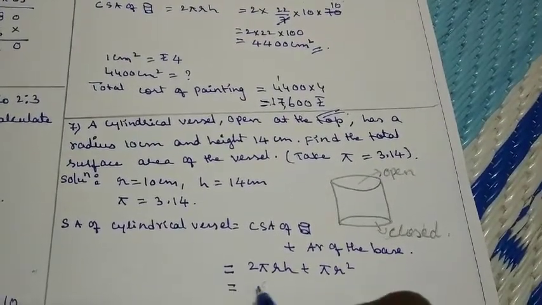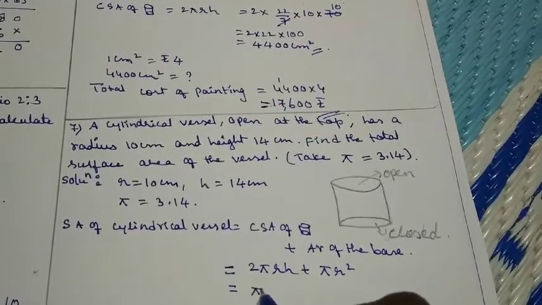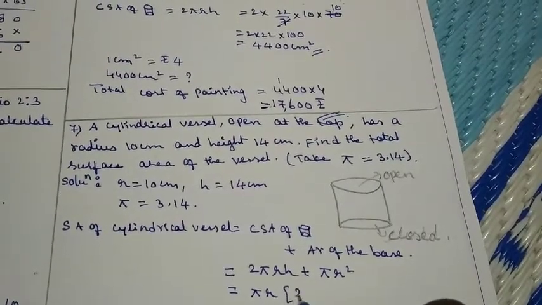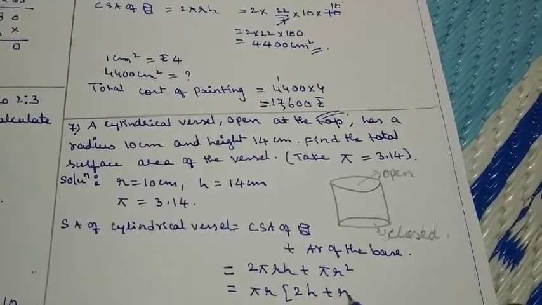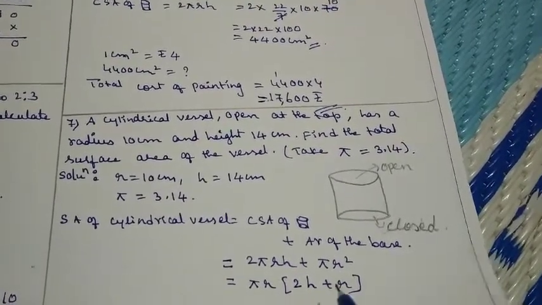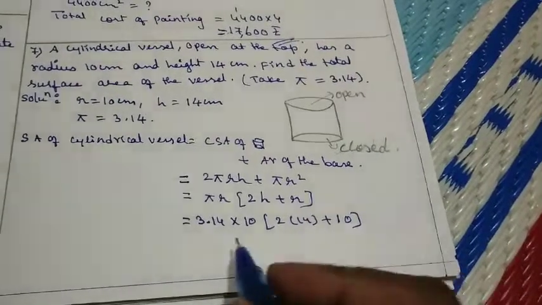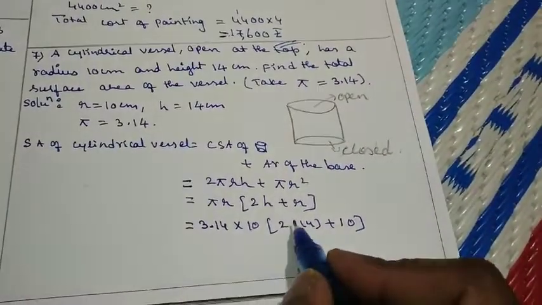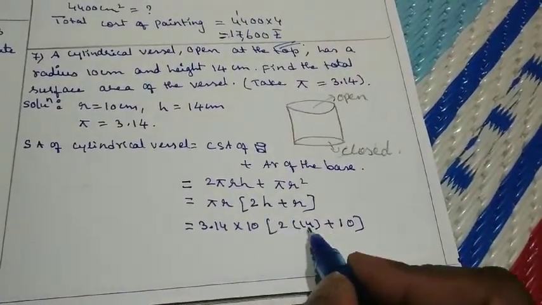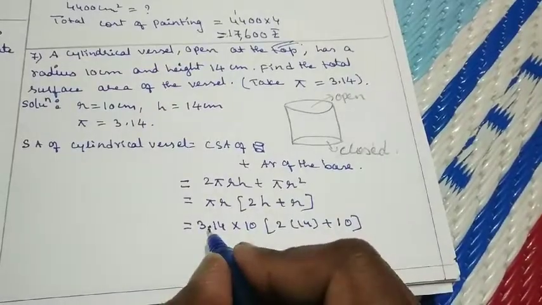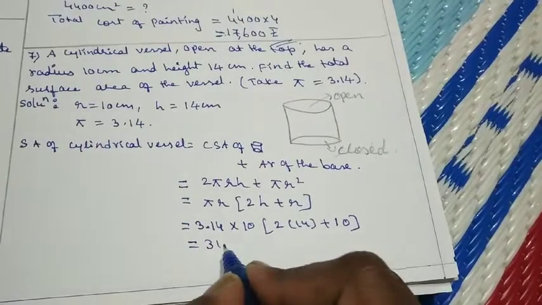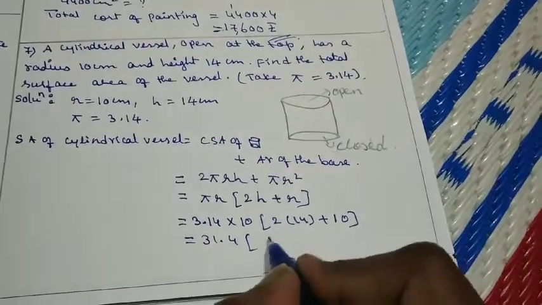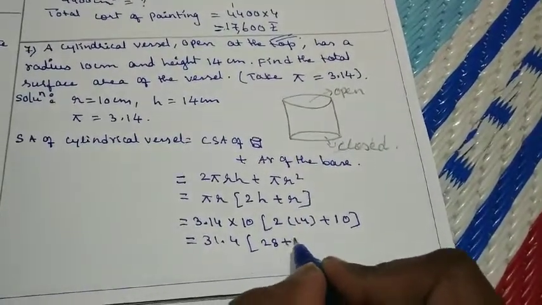First you take out the common: pi and r are common here and left out is 2h plus r. Now substitute the values of h and r. So 3.14 into 10 into 2, h value is 14, plus 10. So 3.14 into 10 becomes 31.4, into 14 twos are 28 plus 10.